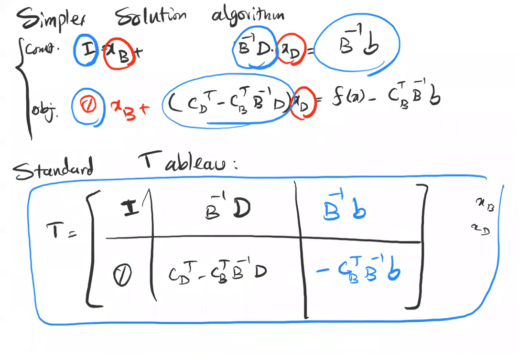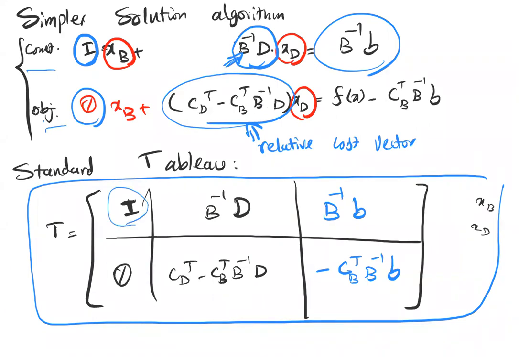What is Tableau? Tableau shows this one called the relative cost vector. Tableau is nothing but the coefficients of the objective function and constraint after making some changes, some matrix multiplications, multiplying them by their inverse and so on. So here we have I, which is the coefficients of xb.